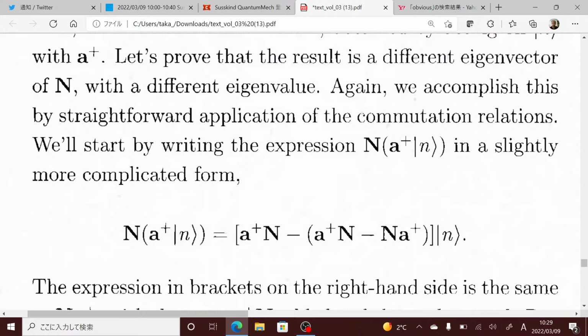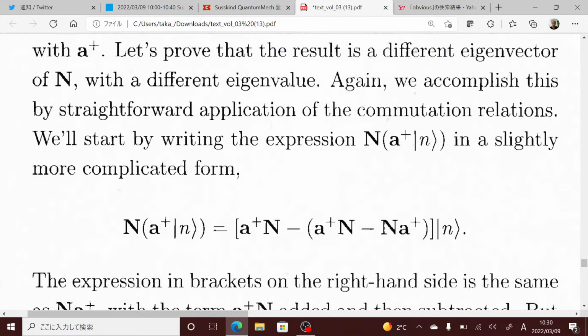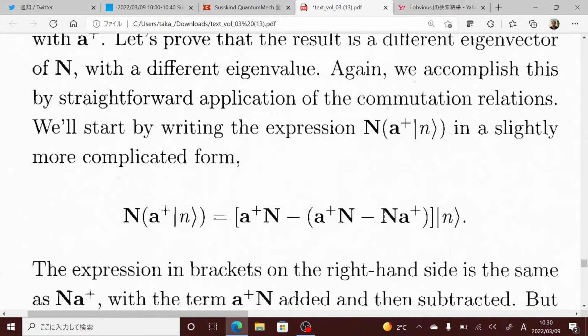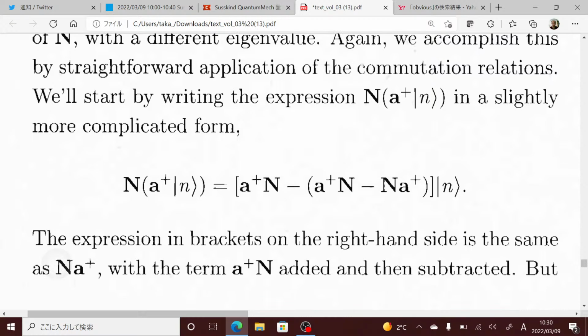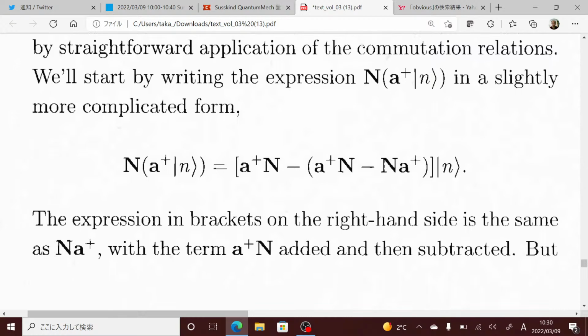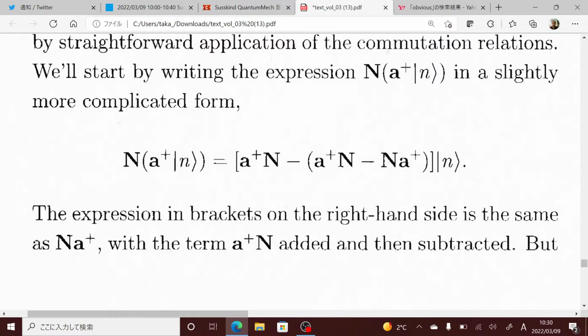Again, we accomplish this by straightforward application of the commutation relations. We will start by writing the expression n a plus ket of small n in a slightly more complicated form.